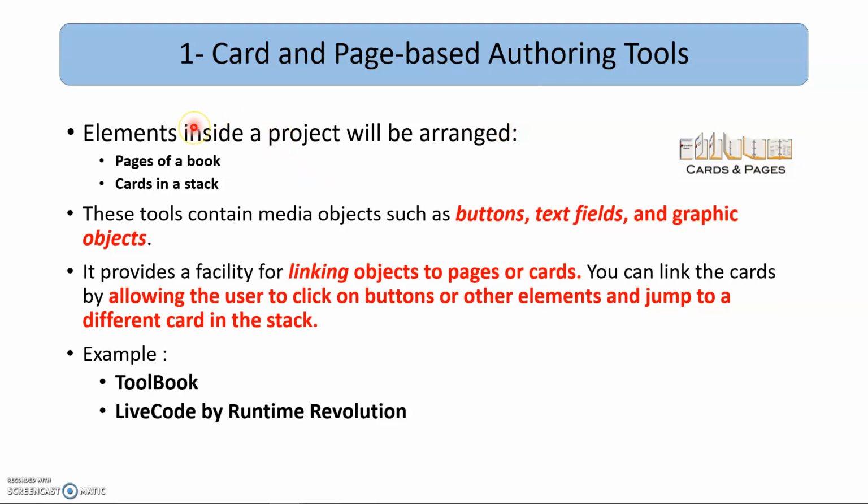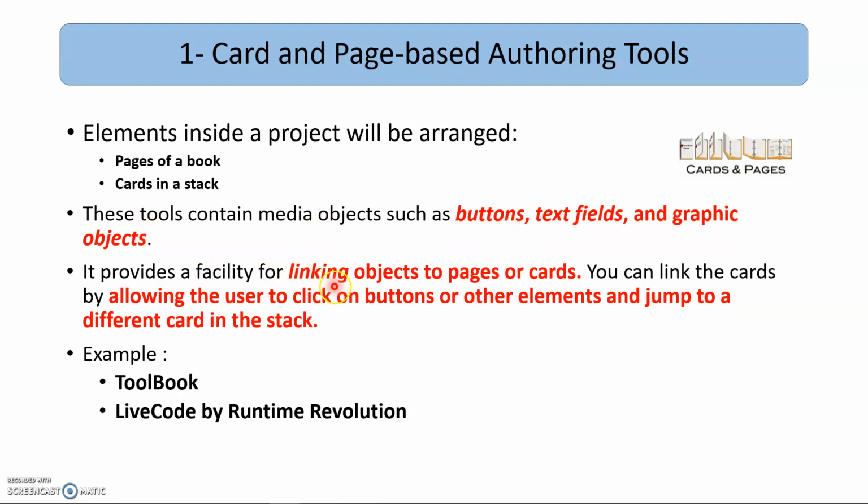Okay, so for the card and page-based authoring tools, the elements inside a project will be arranged like pages of a book or cards in a stack. So these tools contain media objects such as buttons, text fields, and graphic objects.